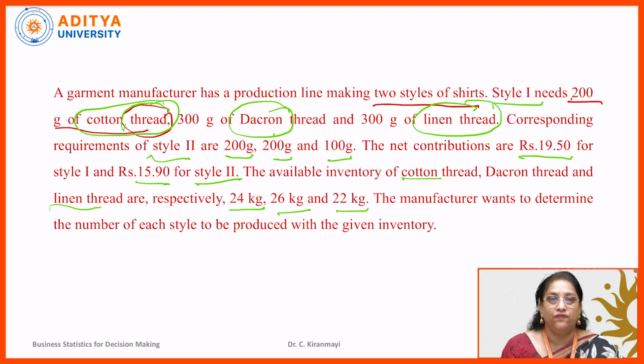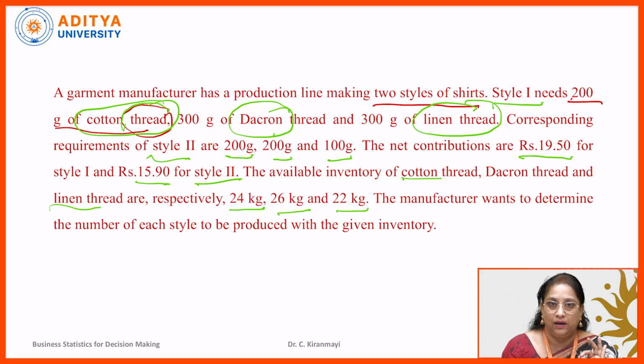To manufacture these 2 styles of shirts, the company is using 3 types of threads. So, what is the total quantity of each thread available with the company to manufacture these 2 types of shirts? Only 24 kgs of cotton thread is available, not more than 24 kgs.